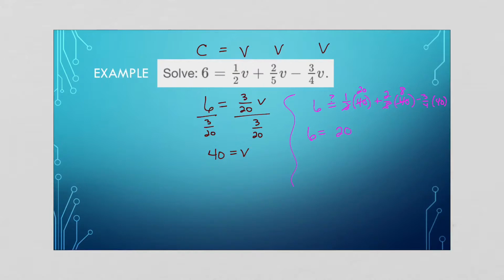I've got to multiply 2 times 8, which is 16. And then 4 will go into 40 10 times. Negative 3 times 10 is negative 30. So let's see here. 20 plus 16, that's 36. And so I get that 6 is equal to 6. So I know that is my correct answer.